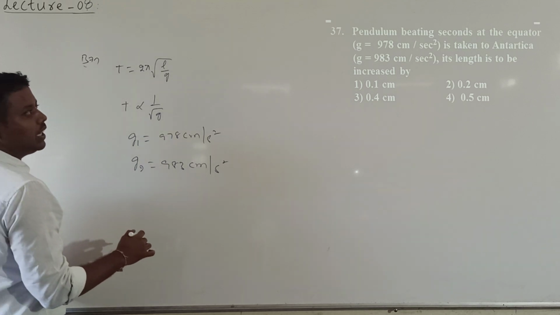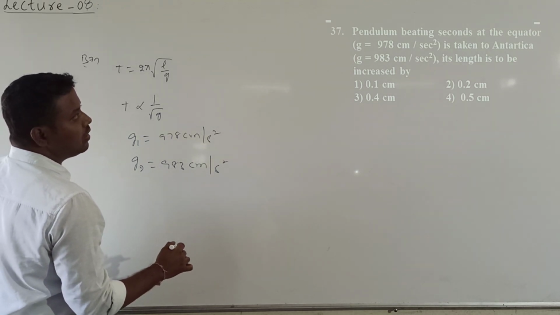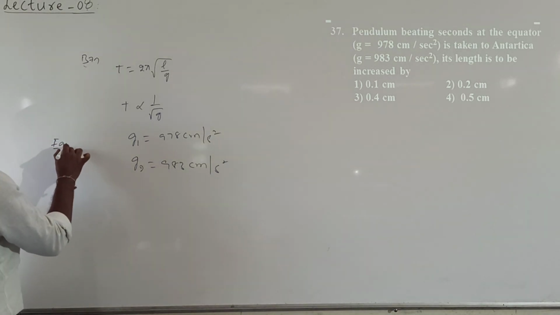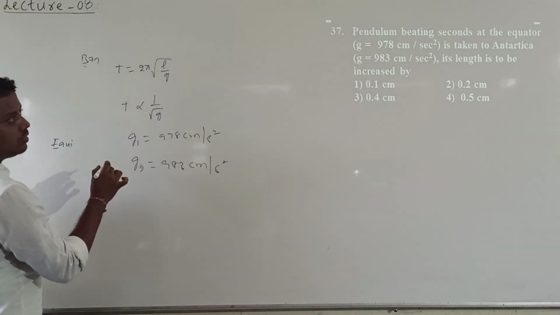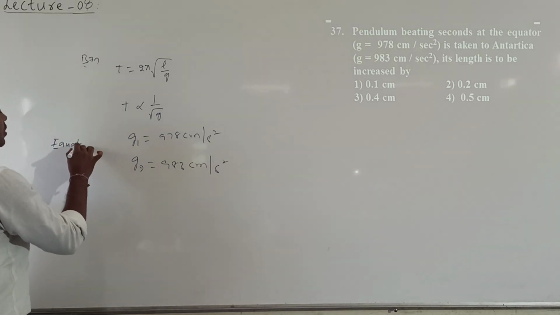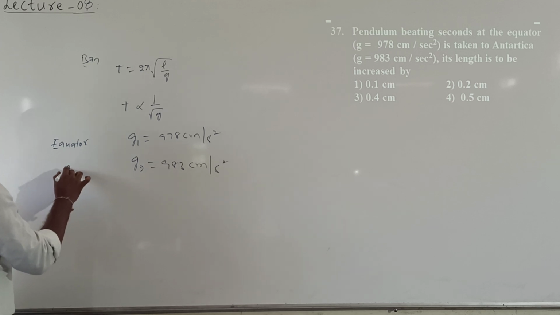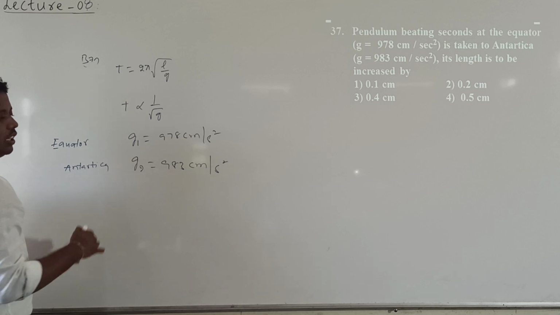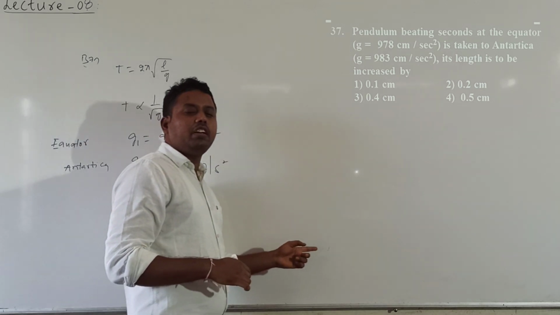G1 is for the pendulum beating at the equator, and G2 is at Antarctica. So here the G value increases.